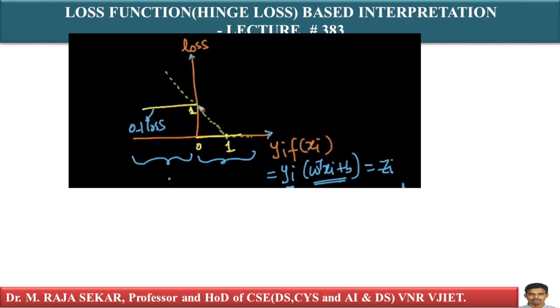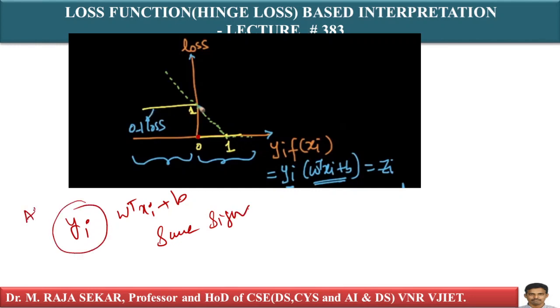Now, if Zi is greater than 0, then the data point xi is correctly classified. Why? Because yi and w transpose xi plus b have the same sign. If they have the same sign, it means correctly classified. yi is the actual label, which may be positive or negative. This is the predicted label.